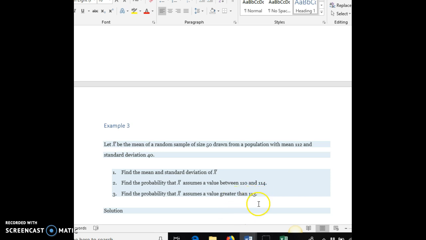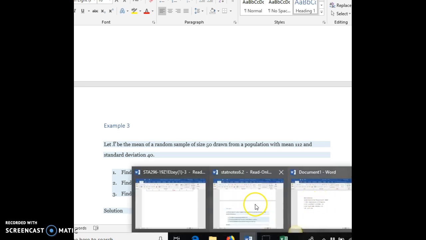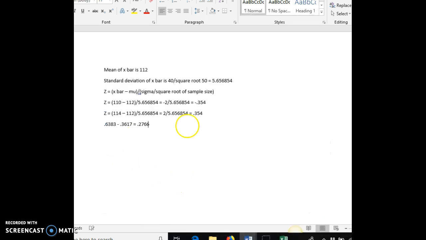But first we have to use our new formula to convert since we're talking about x bar. So 113, let's put it into the formula. So again, z is 113 minus 112 divided by that same standard deviation we've been using up above. And 113 minus 112 is going to be 1 over that huge decimal.